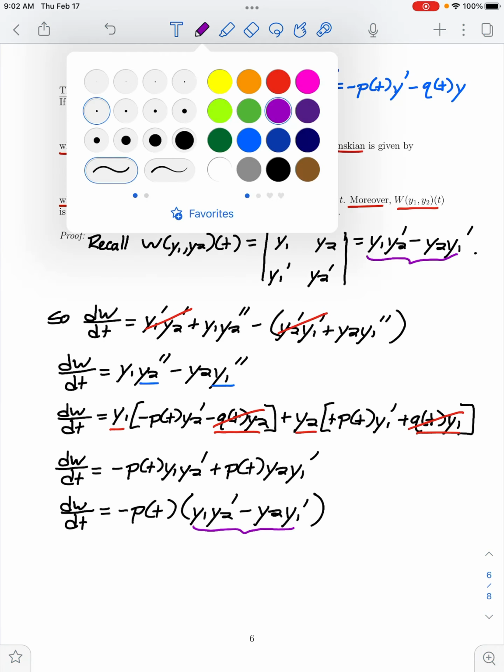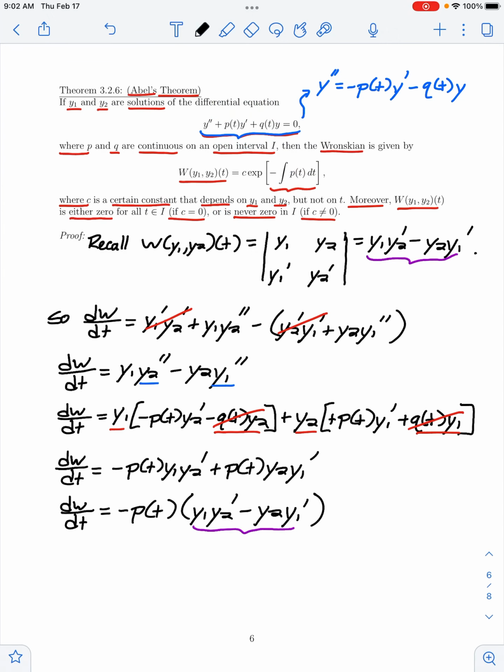So we have our derivative of the Wronskian is equal to negative p of t times the Wronskian itself. Now what we're left with here is a separable differential equation for the Wronskian.